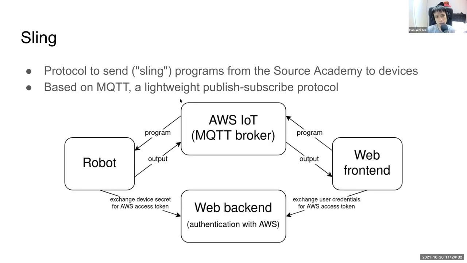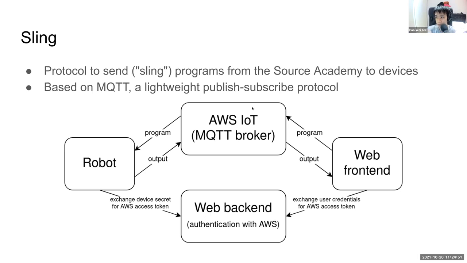The name is quite literal. It's a sling that slings programs from our web environment to devices like the EV3. Sling is a simple protocol based on MQTT, which is a lightweight publish-subscribe protocol commonly used in IoT devices.